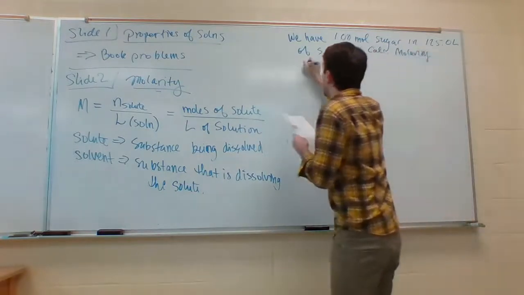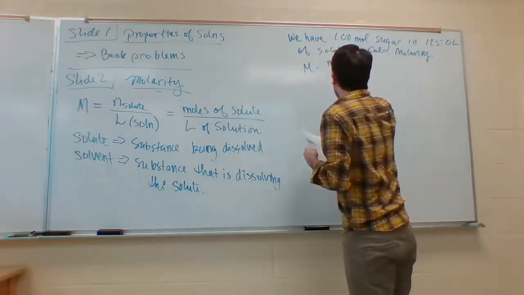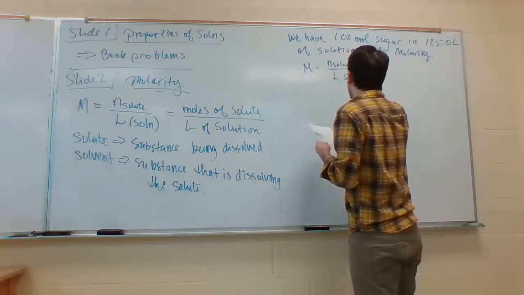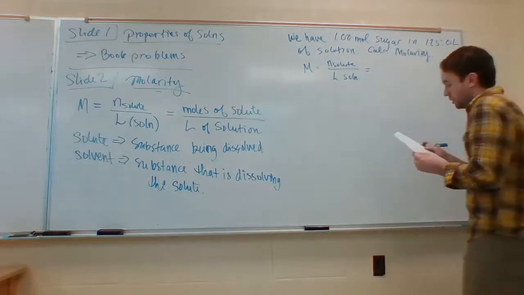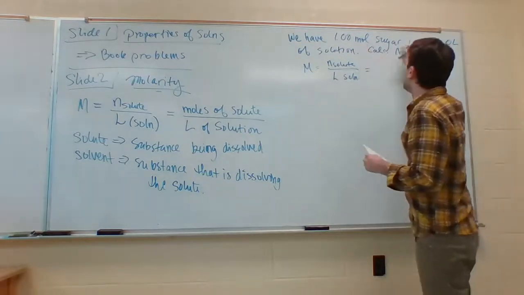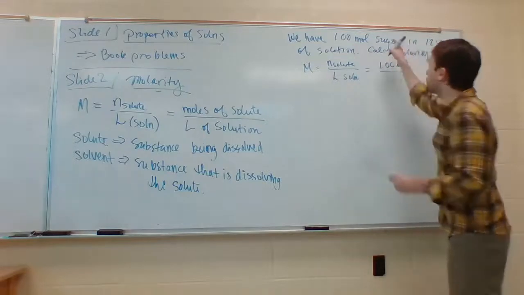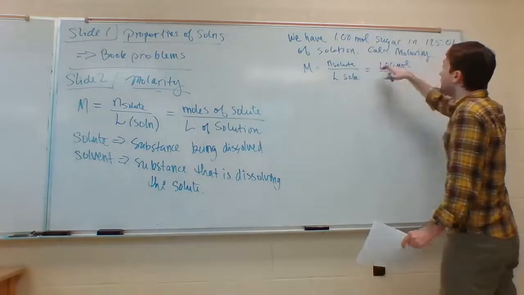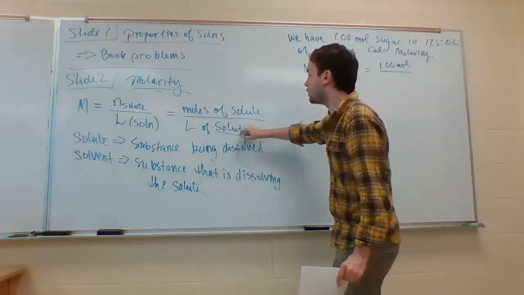All right, now our molarity is defined as our moles of solute, our N of solute, over our liters of solution. Okay, so what is that going to be equal to? Well, we have 1.00 moles of sugar, right? Because sugar was our solute, that's what's being dissolved. Our solvent is this other solution, right? But we have our total volume of solution.